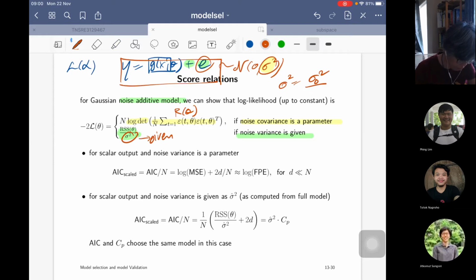Now let me recall AIC is negative 2L plus 2D. So when we focus on the second case, when the noise variance is a parameter, AIC in that case, the negative 2L is RSS divided by sigma square, plus 2D.